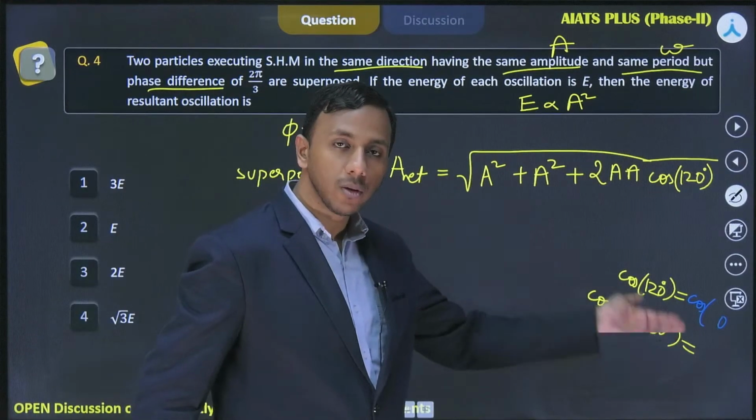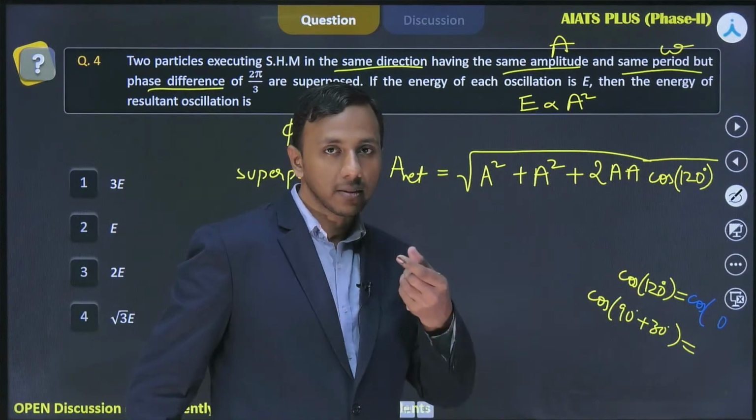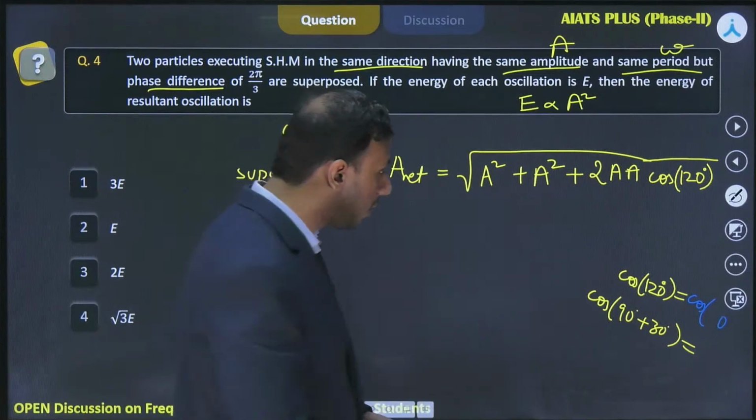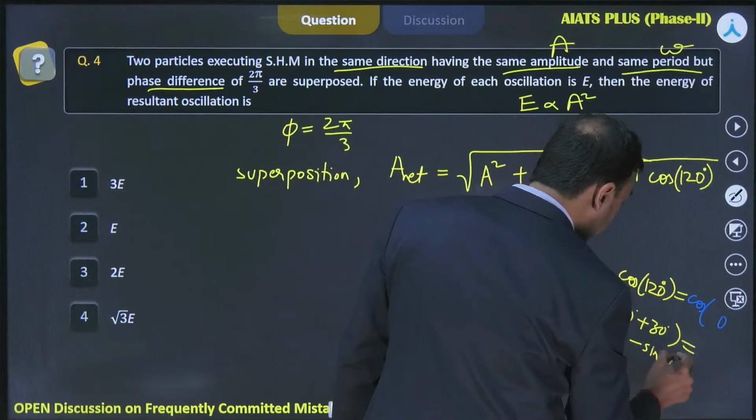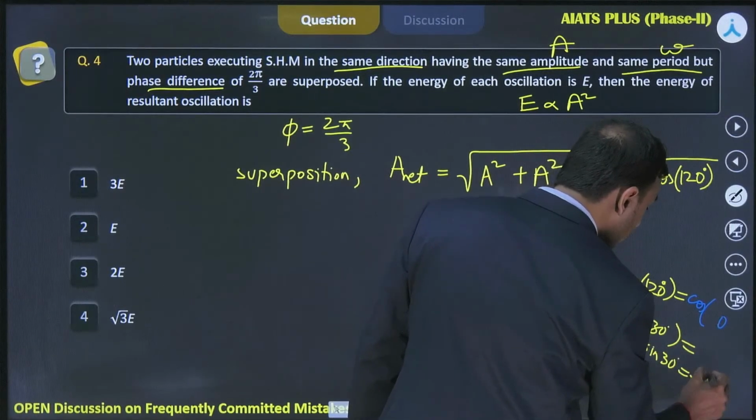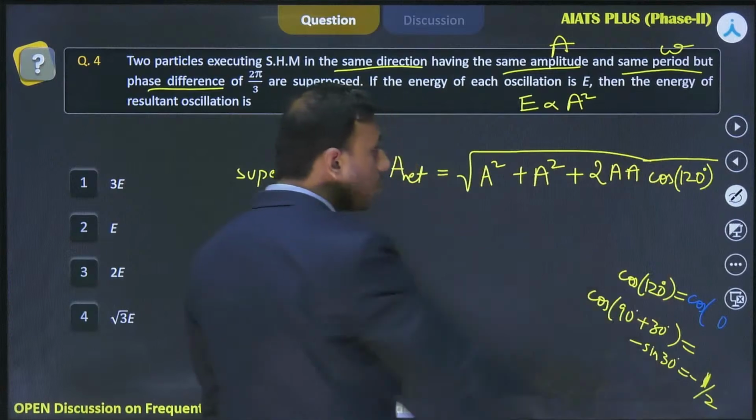So cos will become sine, but with a minus sign, because cos is negative in the second quadrant. So it will become minus sine 30 degrees, that is minus 1 by 2. Put minus 1 by 2 over here.